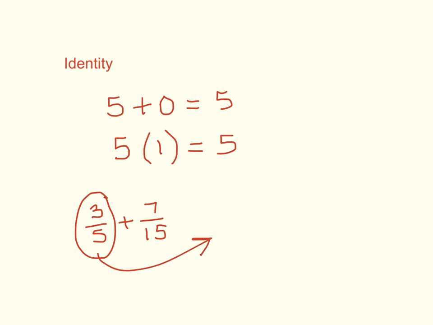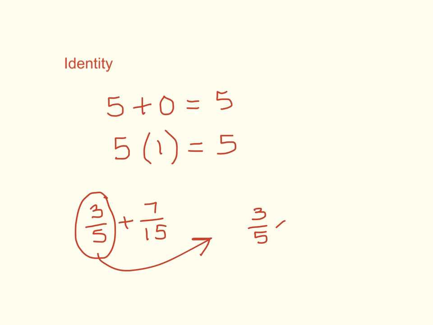So I use this identity property. I want to keep its value the same. I want it to equal the same thing, but the numbers will change. So I'm going to multiply it by a value of 1. And this is how it looks.